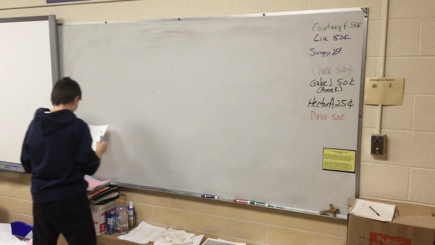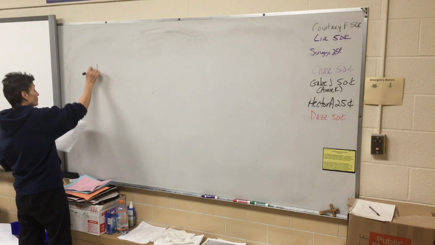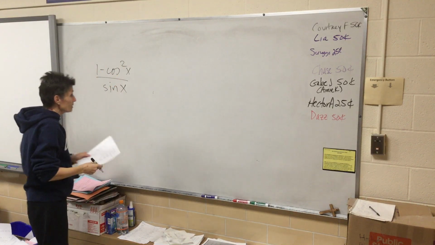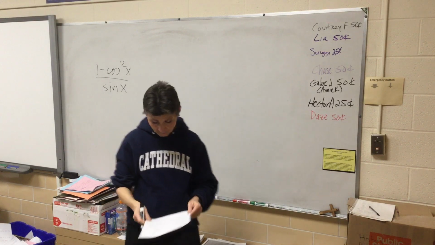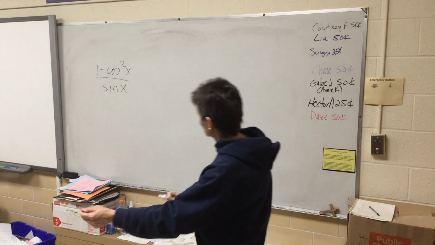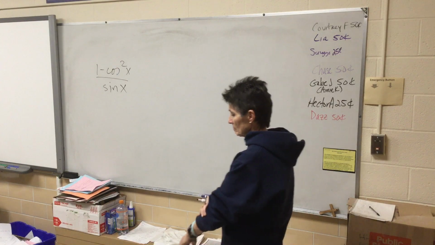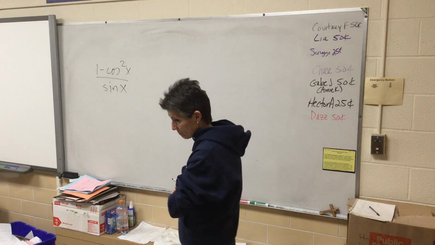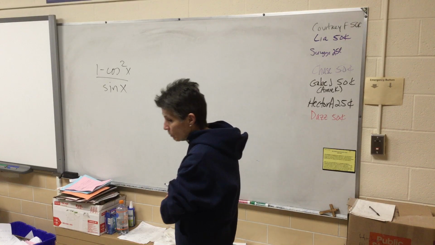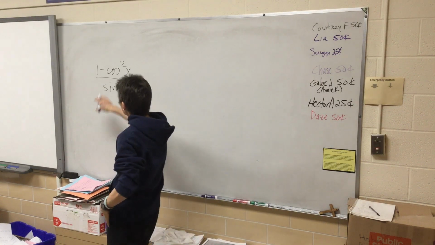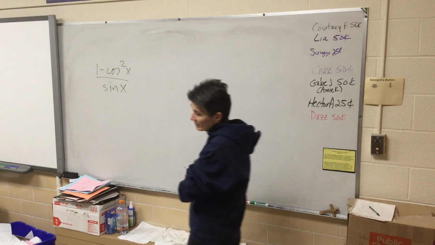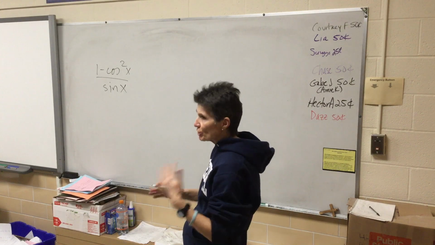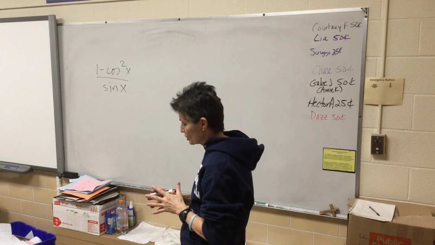Okay, how about this one? When you see ones and squares, this is like the last one we did. When you see ones and squares, you should be thinking about that colored sheet.